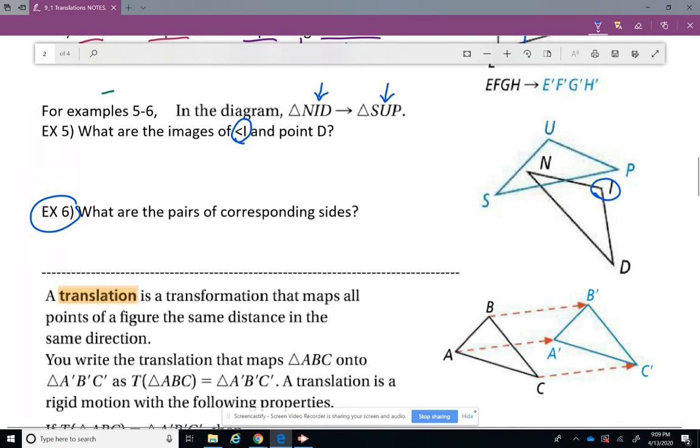So the image of angle I is mapped onto angle U. All right, and if you want to know point D, if you can't tell by looking at the picture, then look here. Point D is mapped onto point P.